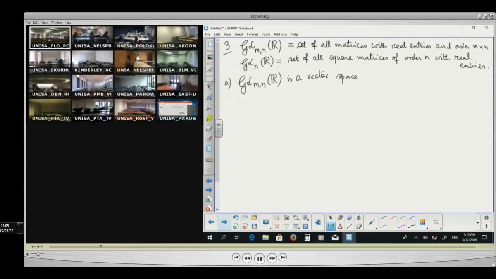This is a vector space, because you know how to add them under the usual addition and scalar multiplication of matrices. Okay? Alright?